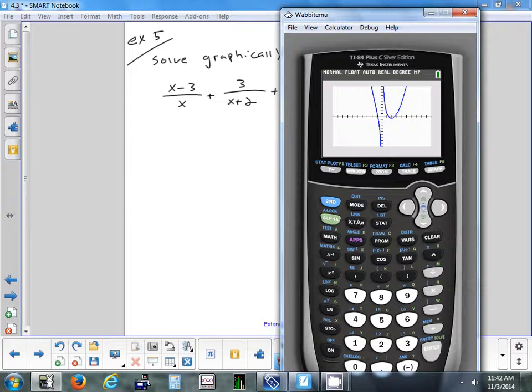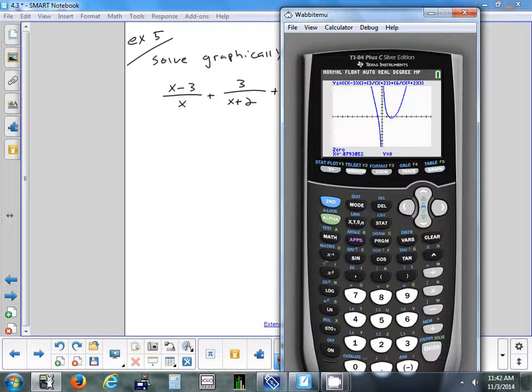Oh, Victoria? 3. Okay, so let's do second calc root. Pick a point left, pick a point to the right, and it gives you a zero at negative 0.88, roughly.